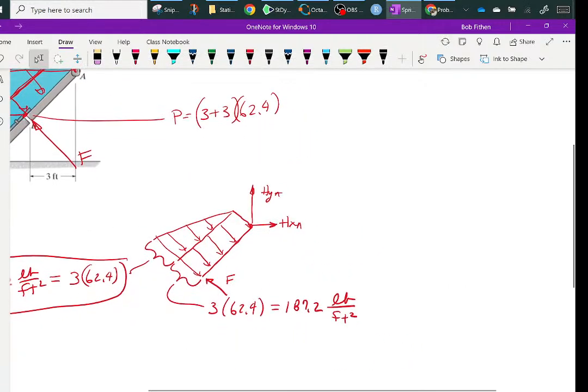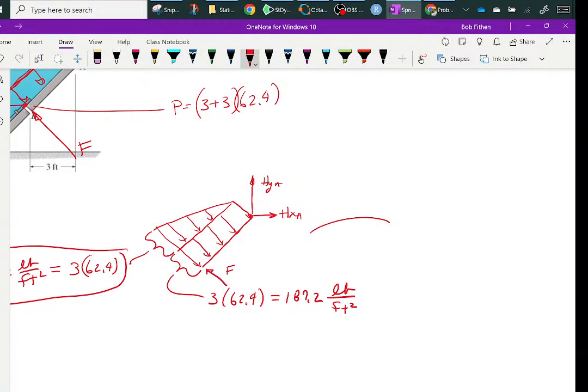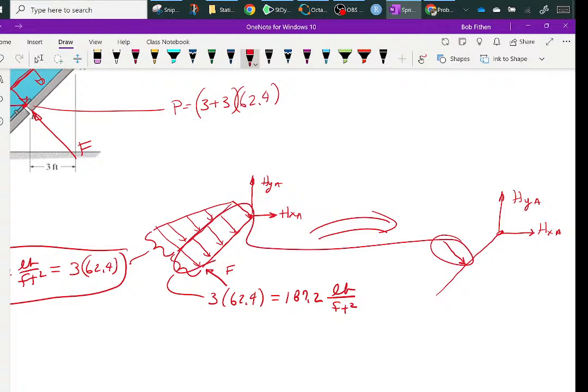So what I'm going to do to the free body diagram is turn it into another diagram, which will have HX and HY at location A. Then I'm going to have a load that is the result of the uniform load here.